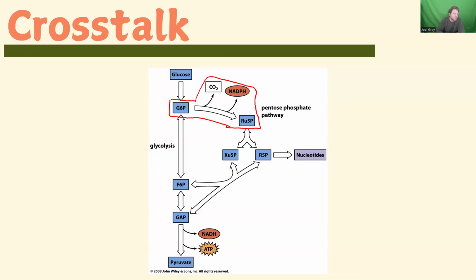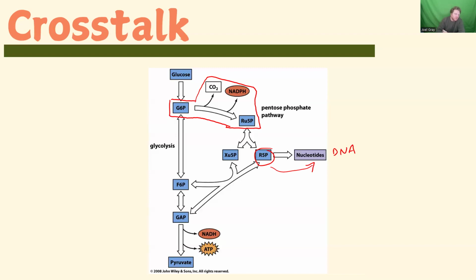One of the things that it's going to be used for is to produce ribose 5-phosphate, which can be used for the synthesis of nucleotides, so DNA. Okay, cool. So that's one thing that it's going to play in with.